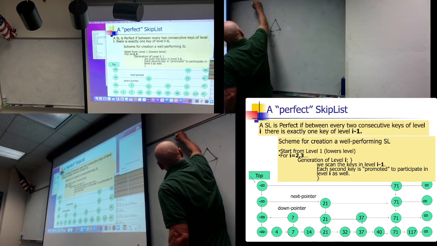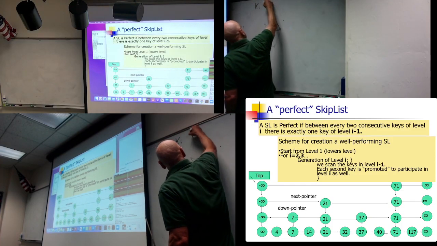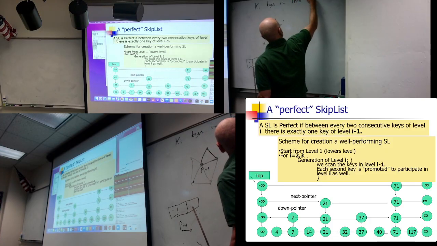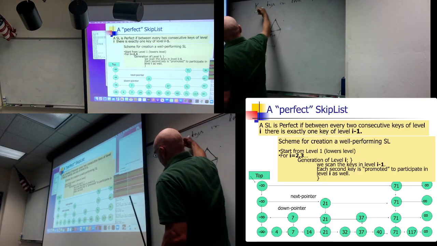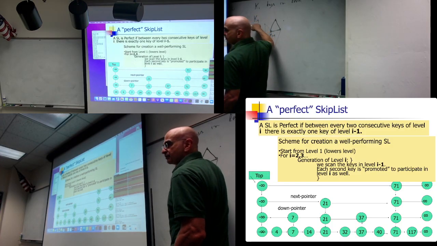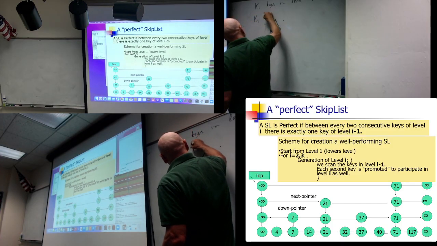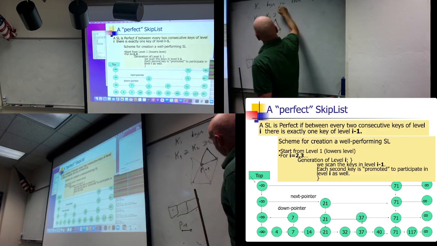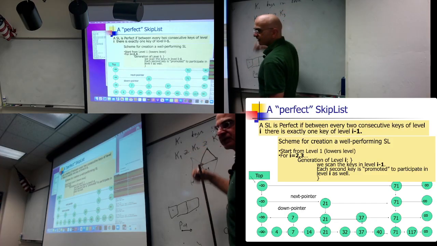If Ki is the set of keys in level i, then K1 is the largest set, containing all the keys. K2 is a subset of the keys of K1, and K3 is a subset of the keys of K2.